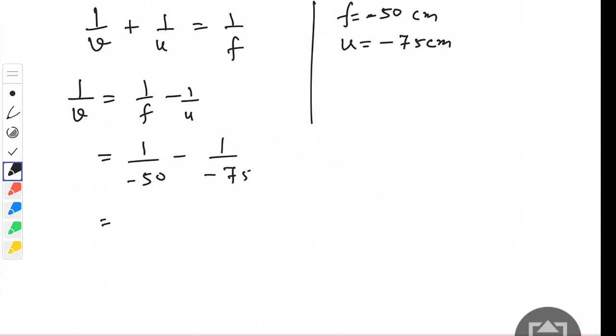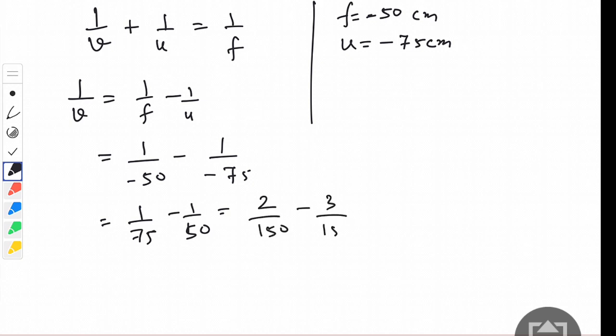So this is equal to 1 upon 75 minus 1 upon 50, which is equal to 2 upon 150 minus 3 upon 150, which is equal to minus 1 upon 150.